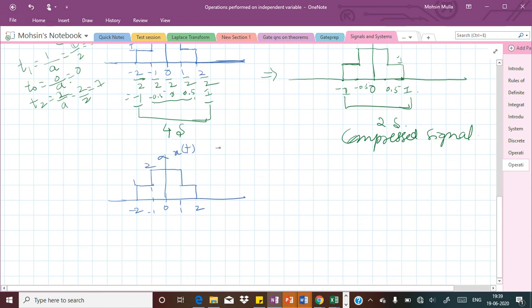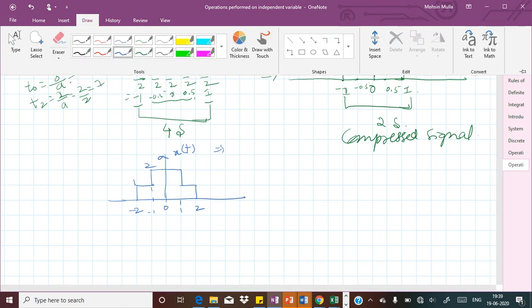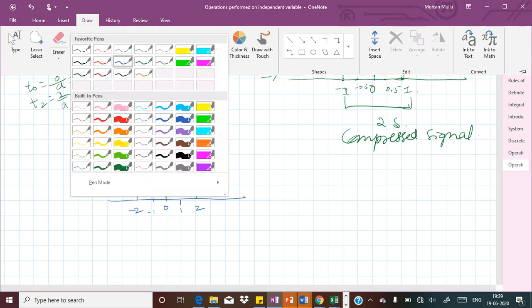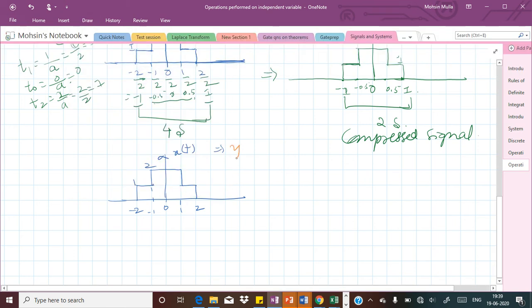Now what I want is a new signal. That new signal y of t that I want is now x of 1 by 2t, or you can also write this as x of 0.5t.